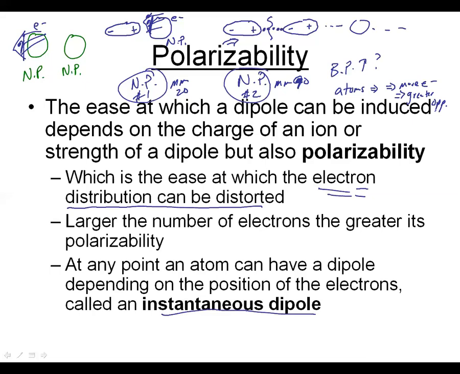And that usually leads to a stronger dispersion force interaction. So if you're comparing two nonpolar molecules and trying to figure out which one may have a stronger interaction with itself and thus a higher boiling point, the higher the molar mass, the more atoms, the more electrons, the greater the opportunity for that polarizability to occur, where those electrons will be distorted. Any questions on that?